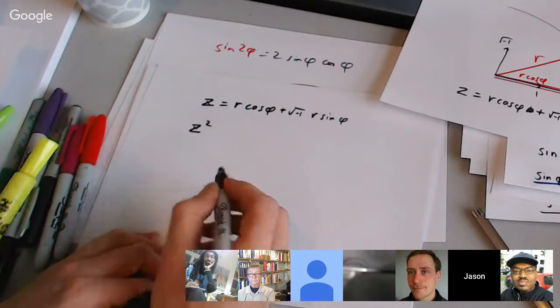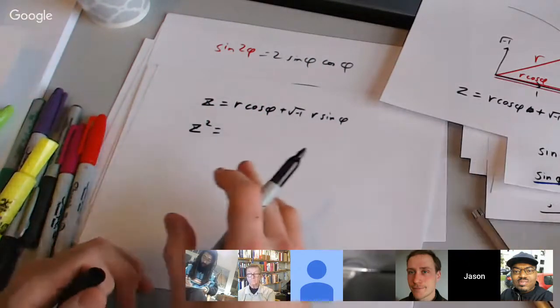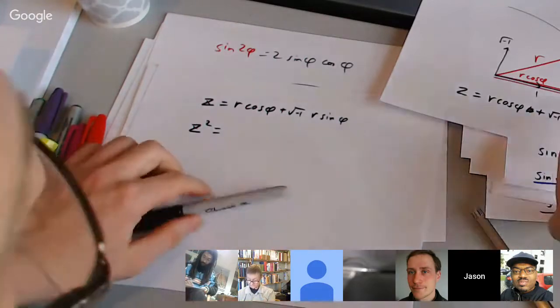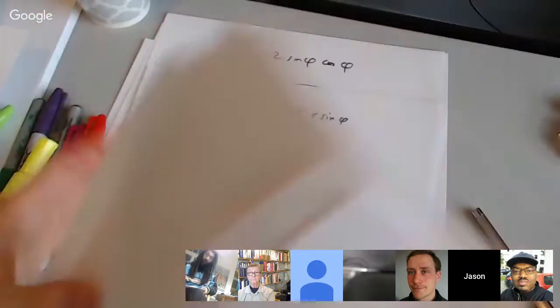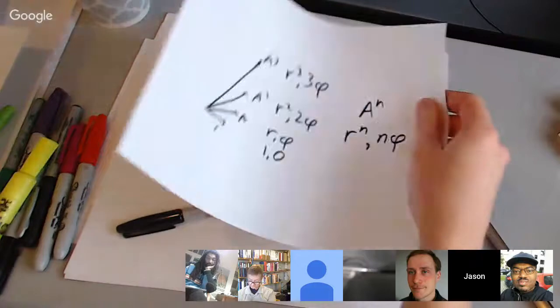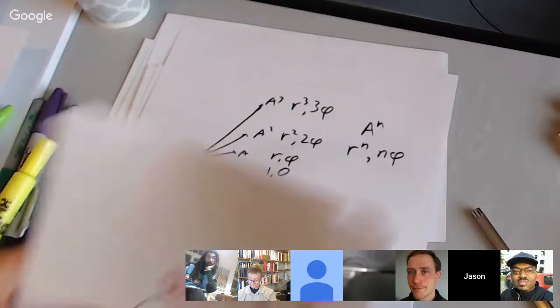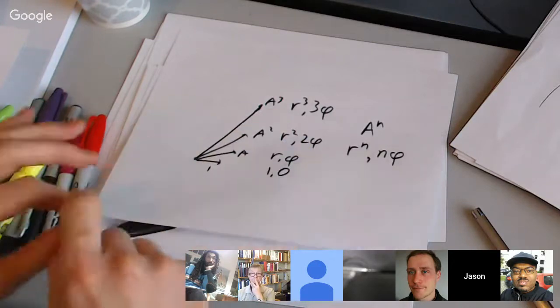That complex number squared, well, we learned from the very beginning of today, going back to the picture, that when we square a complex number, we square its length and we double its angle.